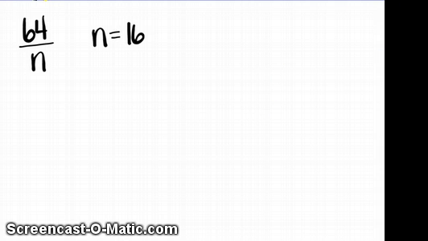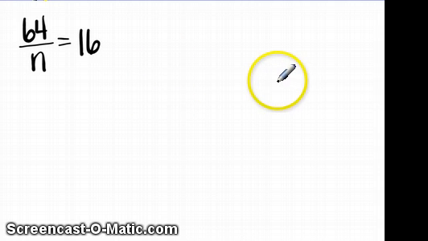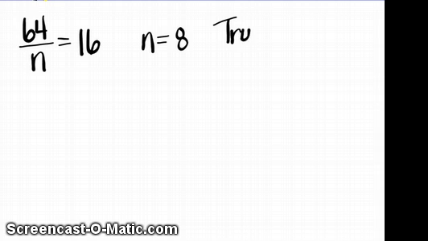Let me rewrite that problem. Sorry about that. They say actually that 64 divided by n equals 16, and they're telling me that n is going to equal 8. Would that statement be true or would it be false?